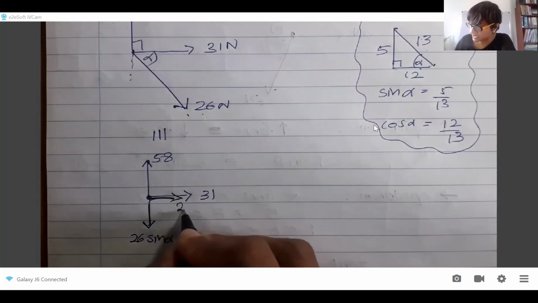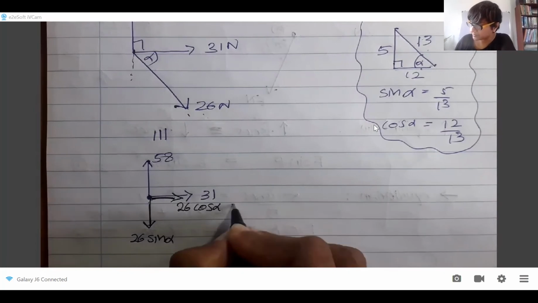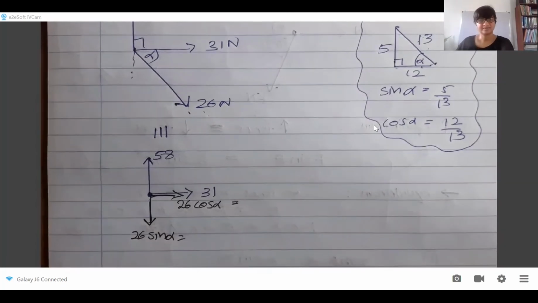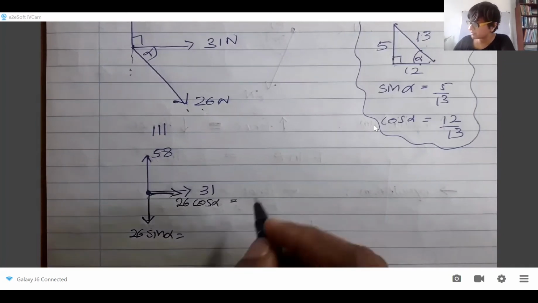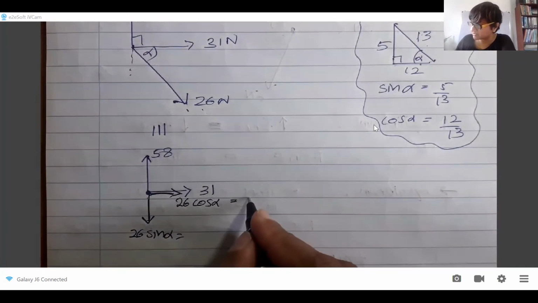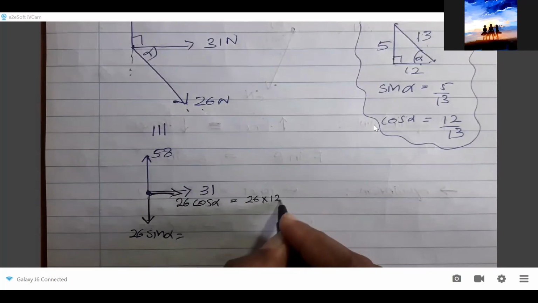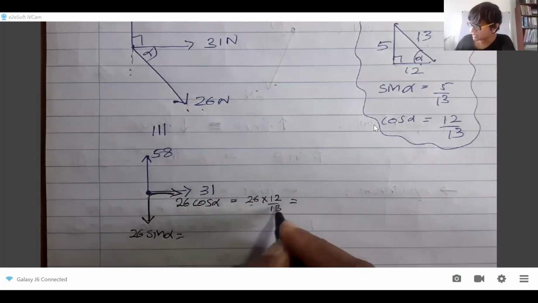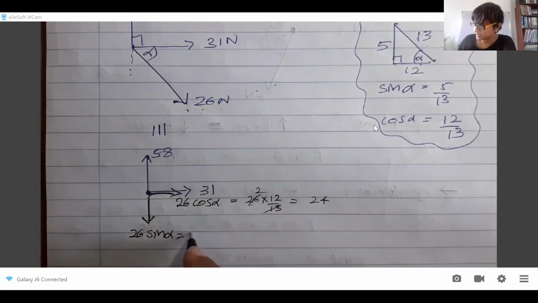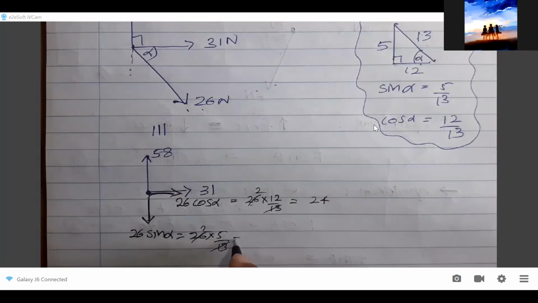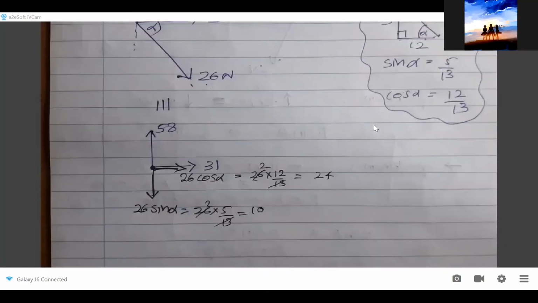This would be 26 cos alpha. 26 cos alpha means 26 times 12 over 13, that gives me 24. And 26 sine alpha means 5 over 13, that would be 10.